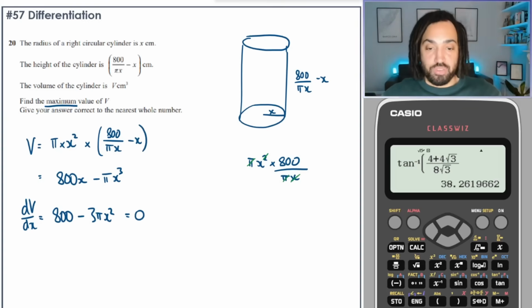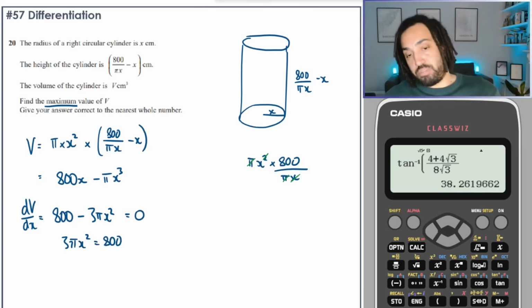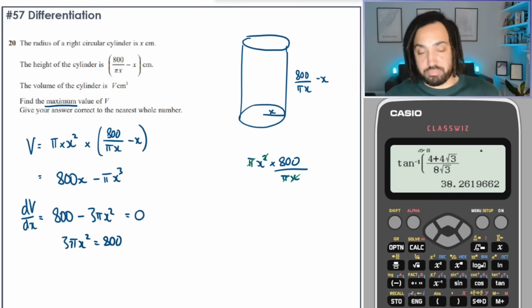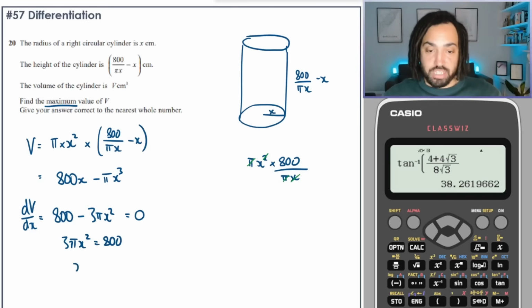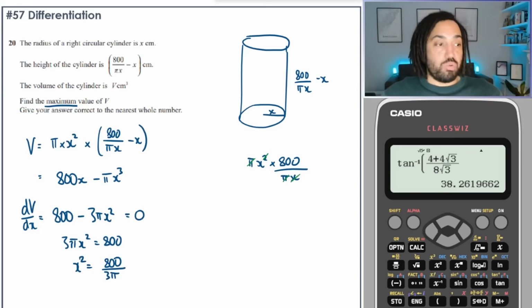And we can solve this by adding 3 pi x squared over, then dividing through by 3 pi, and then square rooting.